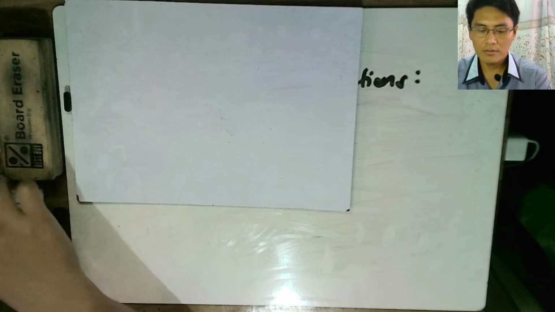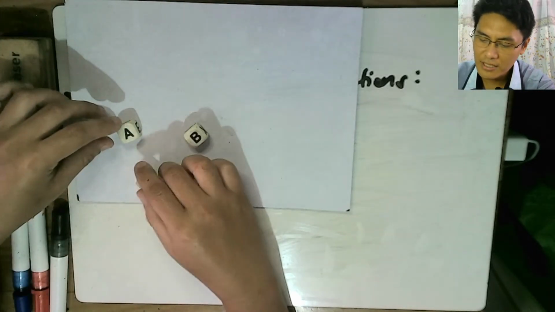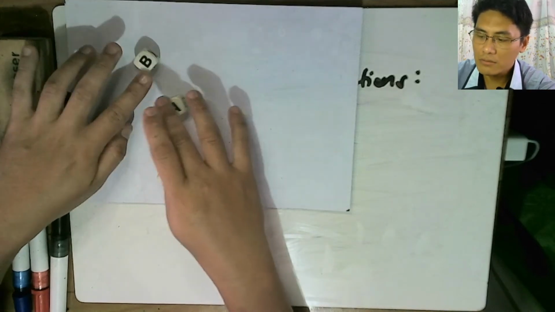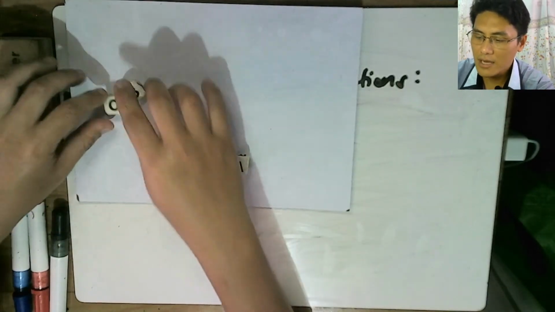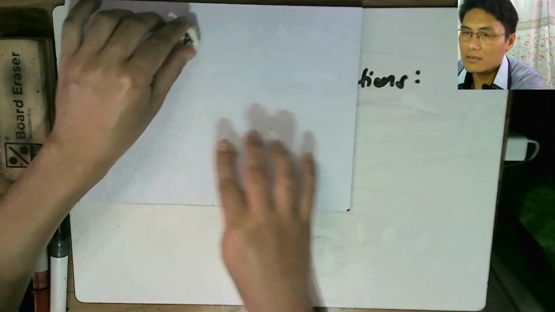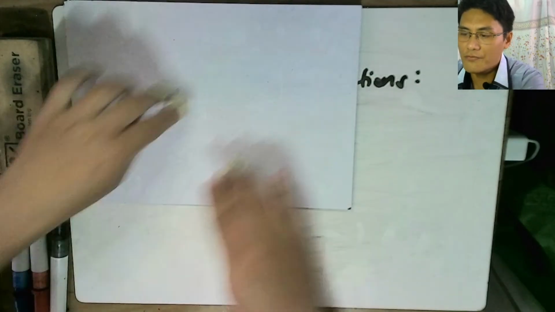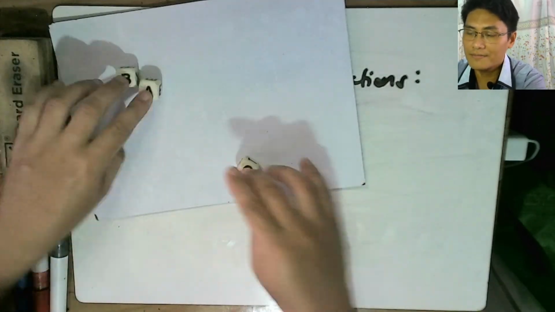So guess what? If the particles are less energetic, they will move slower in the container, right? If they have higher temperature, guess what? They move fast around the container, right?